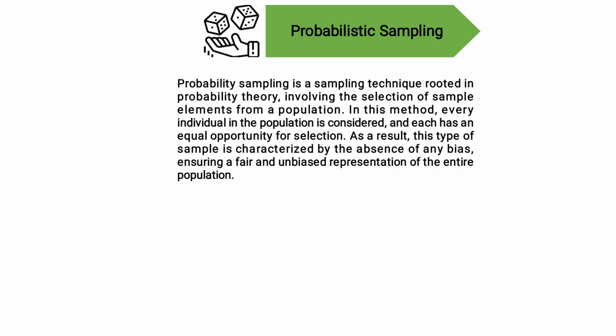It means you cannot ignore a single unit in your population while you are drawing a sample from the population. You first identify each and every element in your population, then you give equal opportunity.